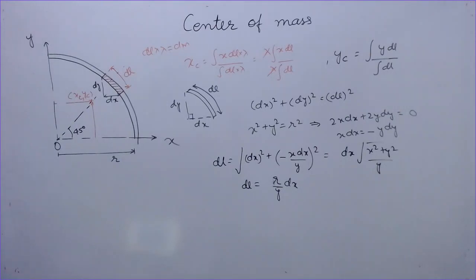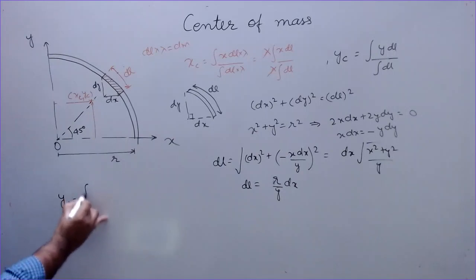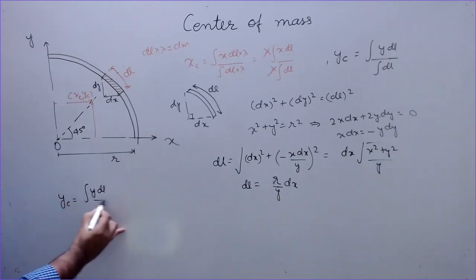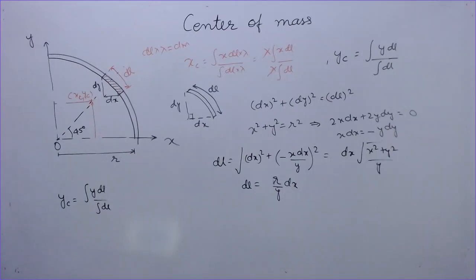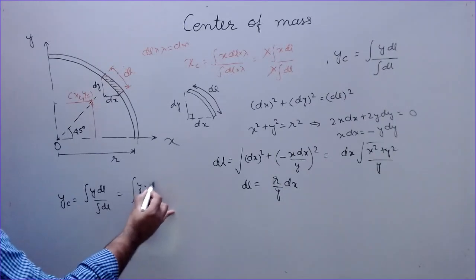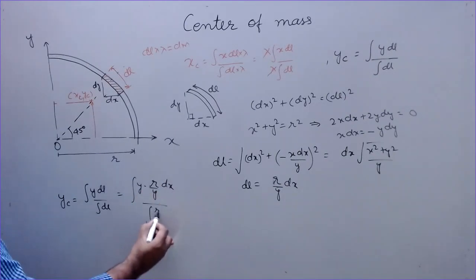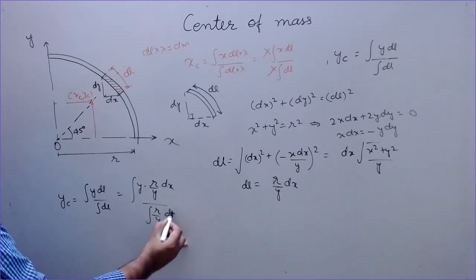So now we can find the x and y coordinates of the center of mass. So yc is integral y dl by integral dl. Now you can put the value of dl. So y into r by y dx by integral r by y dx.